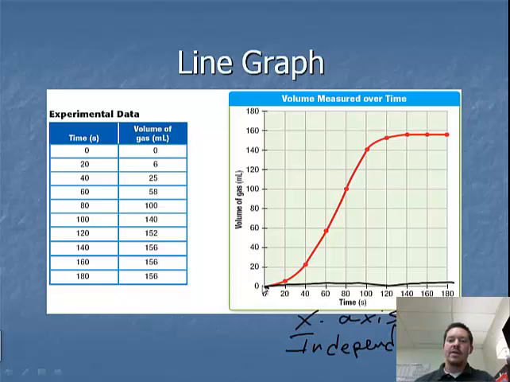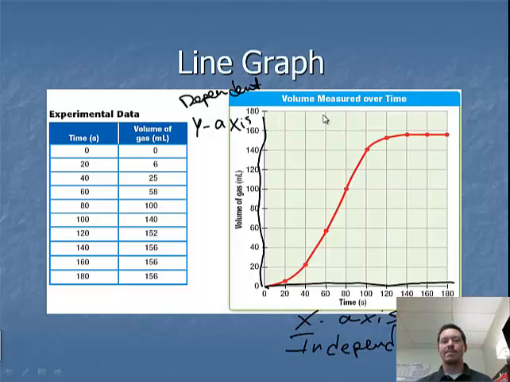And then on the side of the graph, we've got our y-axis, which is also the dependent variable. What we've got here is a graph measuring time, and how the volume of the gas changes over time. And we've got that title indicated here: volume measured over a given amount of time.